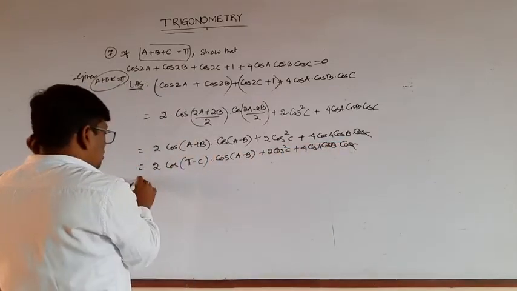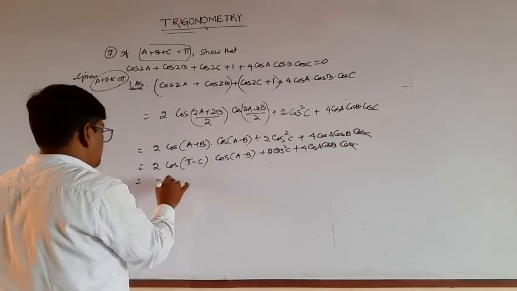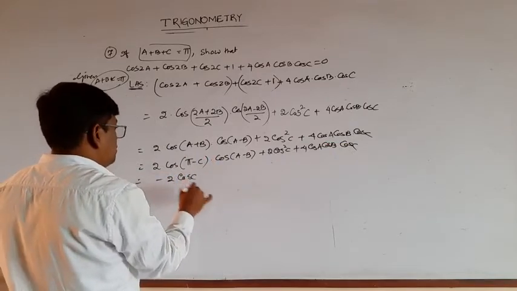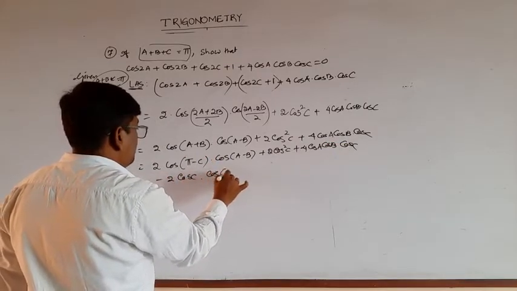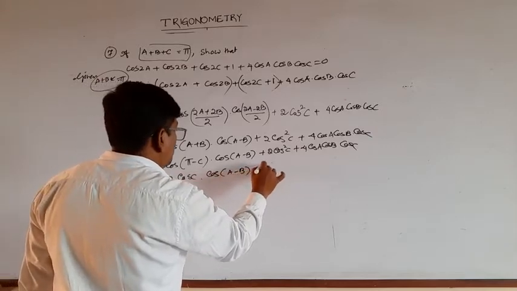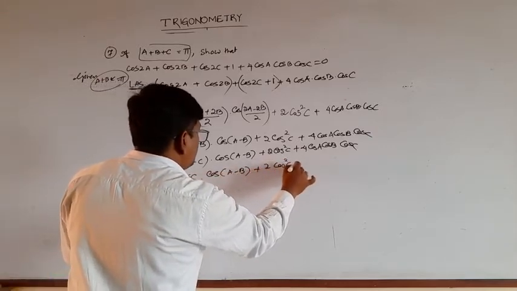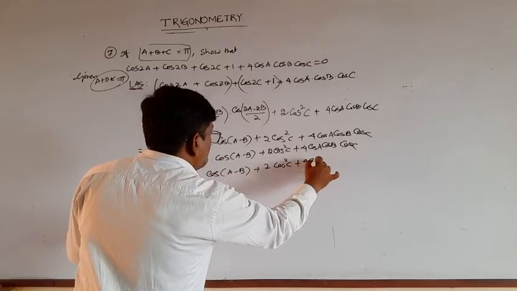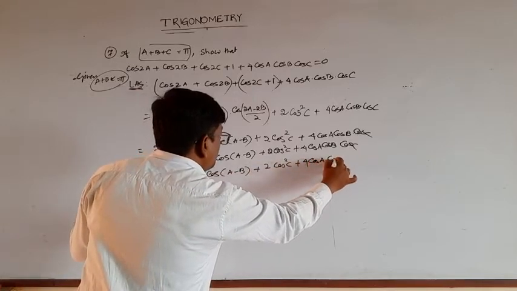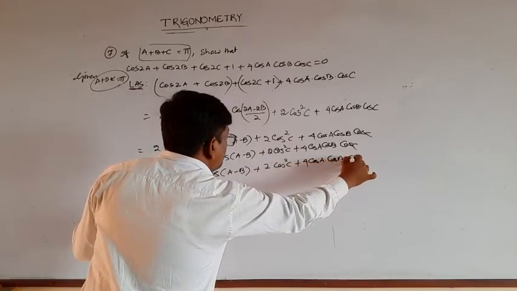Now cos (pi minus c) is minus cos c. So minus 2 cos c into cos (a minus b) plus 2 cos square c plus 4 into cos a into cos b into cos c.